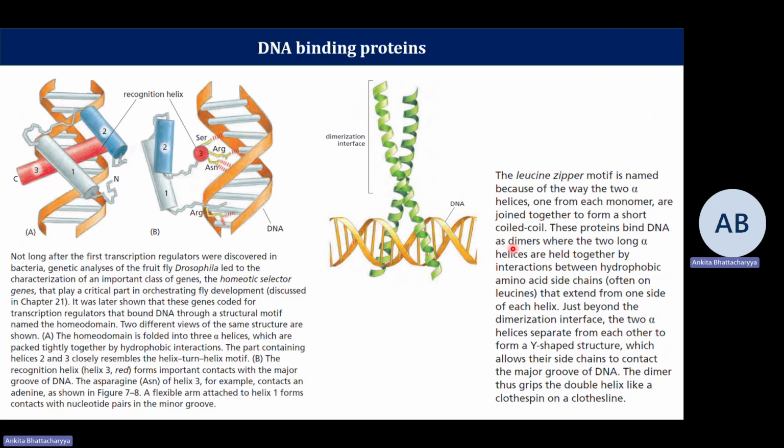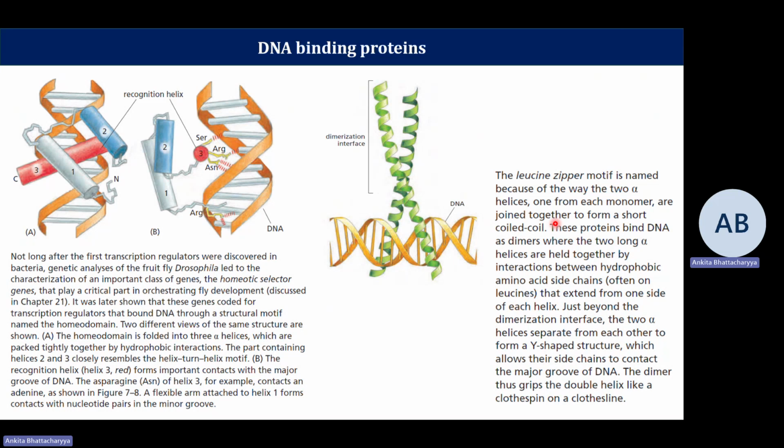Now, these proteins act as dimers where the two long helices are held together by interactions between hydrophobic amino acid side chains that extend from one side of each helix.